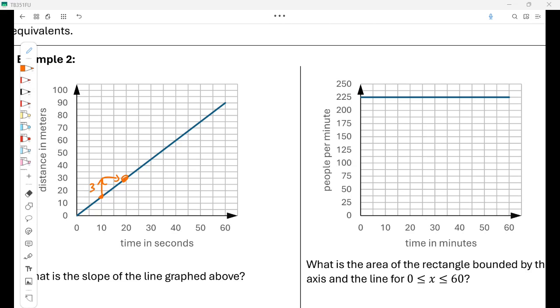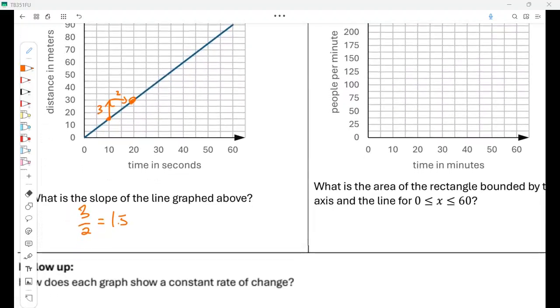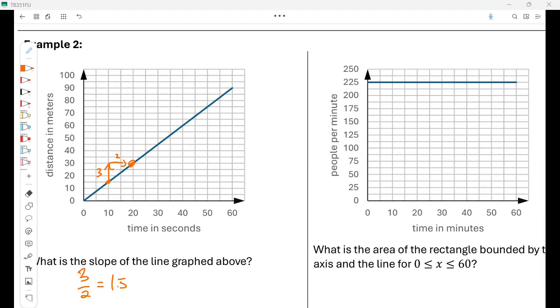So it's 3 halves, which is 1.5, right? Same information, different question, but really the same question, same answer.